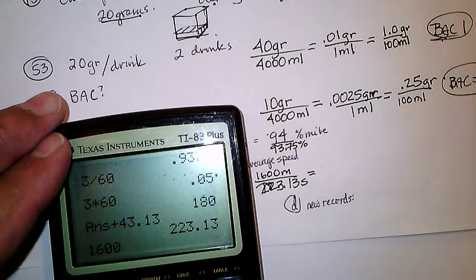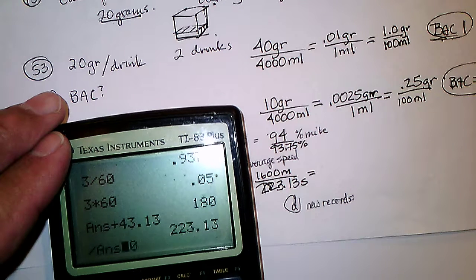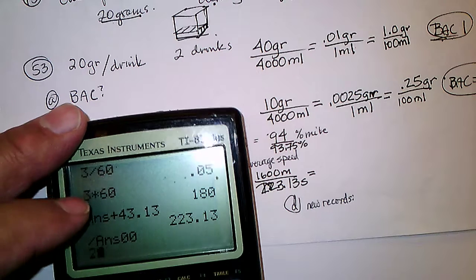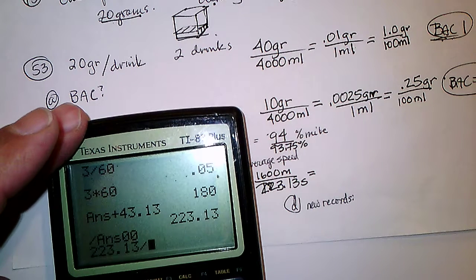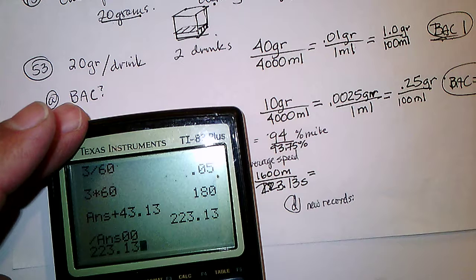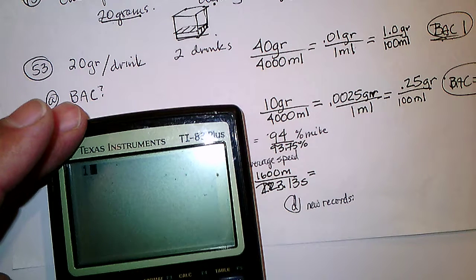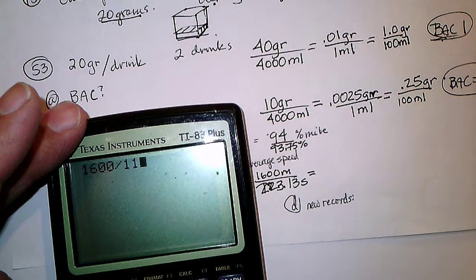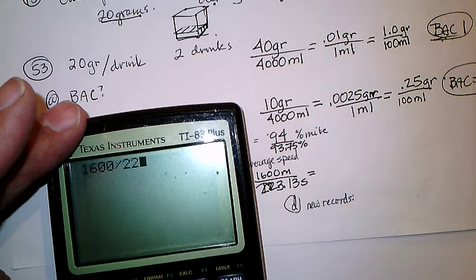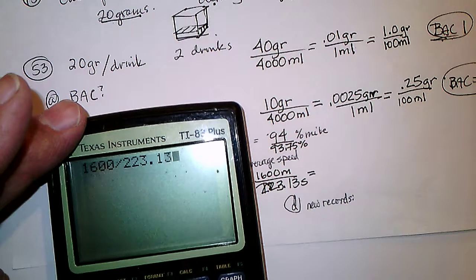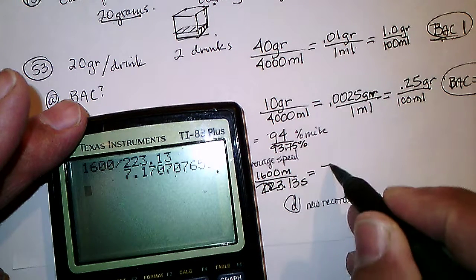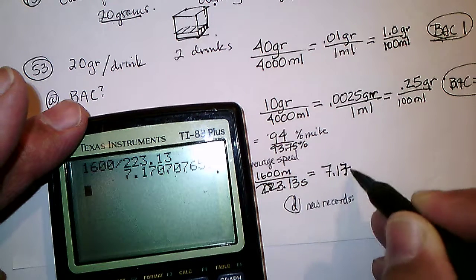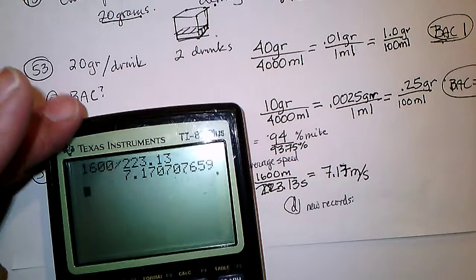So their pace for the regular mile is 1600 divided by 223.13 seconds, which is 7.17 meters per second.